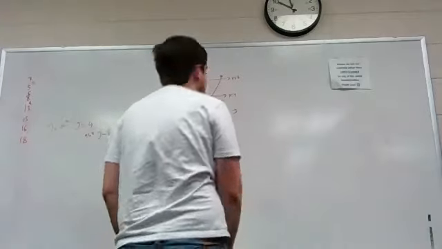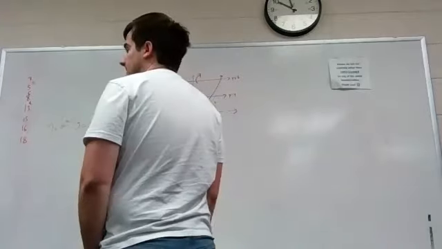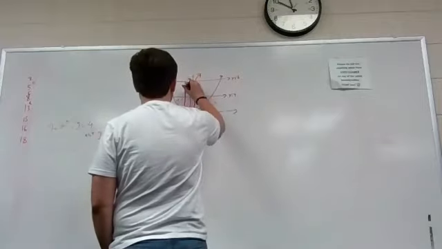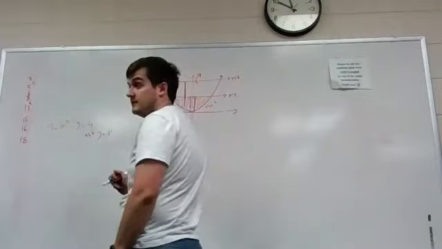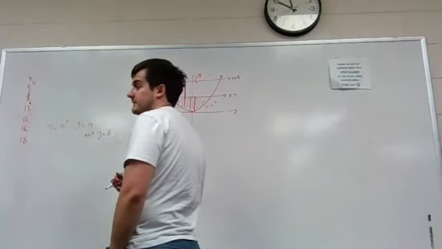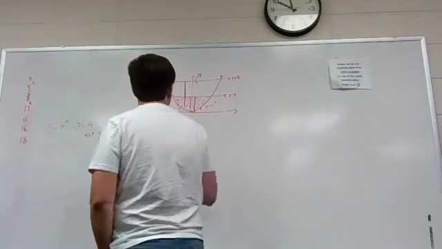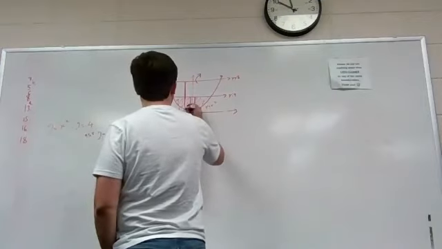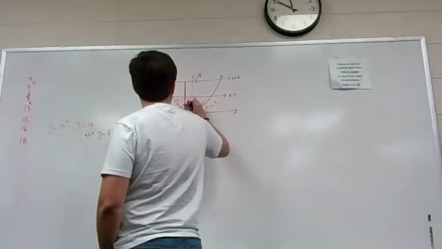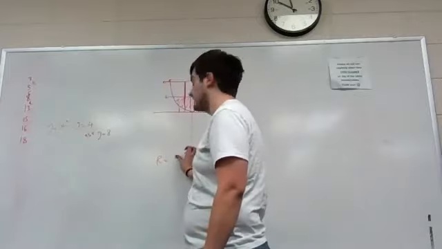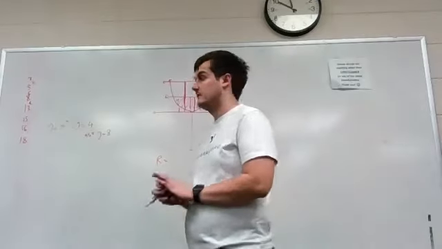My outer radius needs to be this distance, right? So what is this distance? Is it x squared? No, because this is the x squared distance. I don't want this distance, I want this one. So x squared is a part of it, but it's not x squared itself.